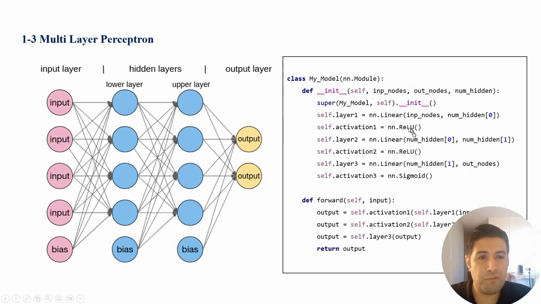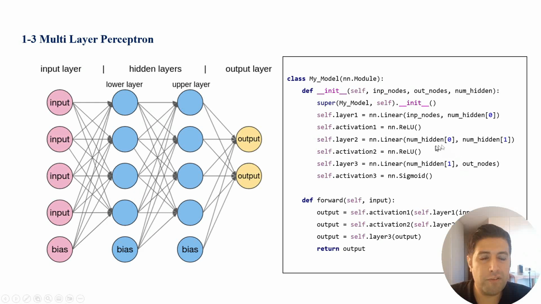And then you will use your activation function. So you will define nn.ReLU as your activation function. Then you will have another layer, and all of these layers are just defined in your initialization function. So in the next linear layer you will have number of hidden of 0, which is 5, and number of hidden of 1, which is 5, and you will have a transformation between 5 and 5.